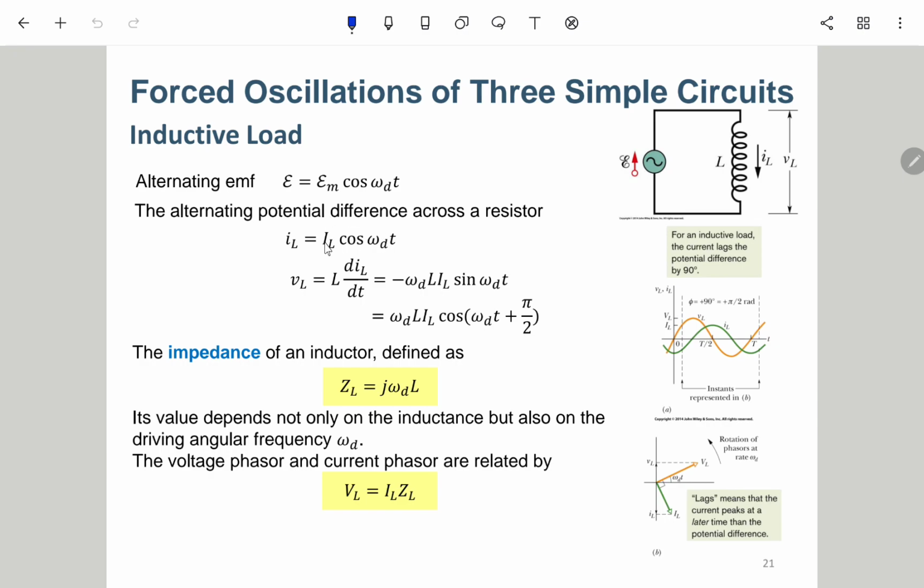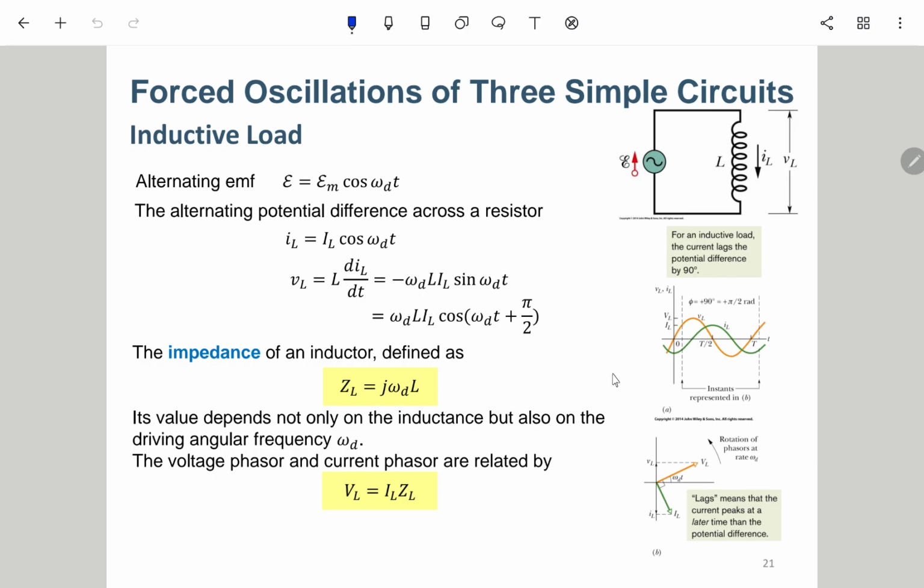So we put in this expression and take the derivative. We have L times IL, and the derivative of cosine is negative sine, so negative sine of omega dt, and with the chain rule we also have this omega d in the front. We do the same thing: negative sine becomes cosine of omega dt plus pi over 2, like this.